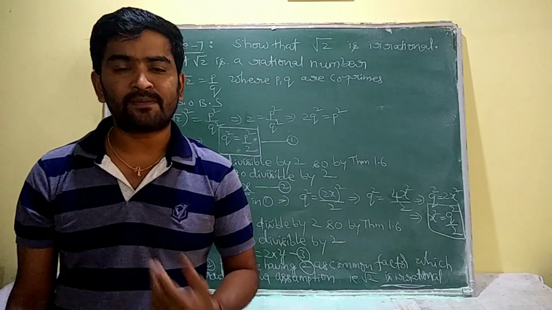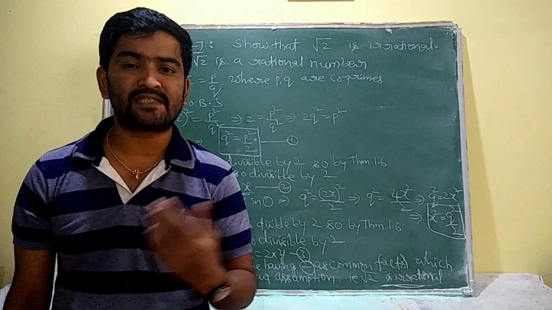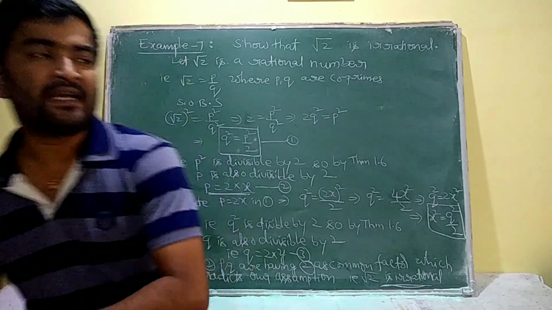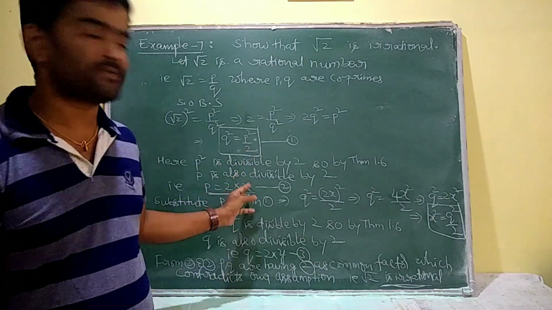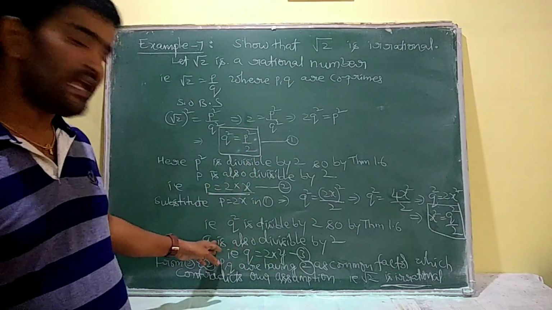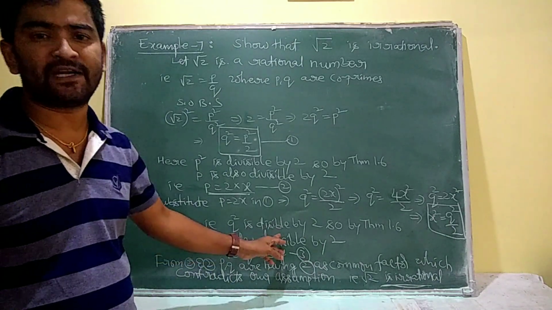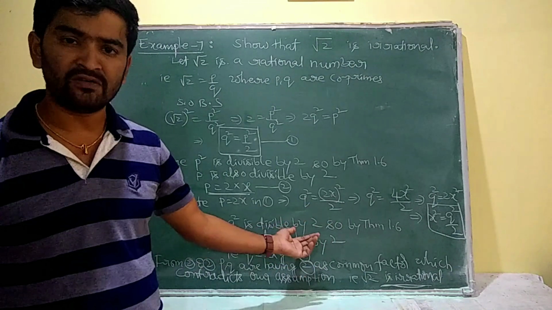Similarly, if 12 is divisible by 3, then 12 is expressed as 3 into something. Similarly, here this p is divisible by 2, so p can be expressed as 2 into some number x. Similarly, q is also divisible by 2, so q is also expressed as 2 into some other value y.